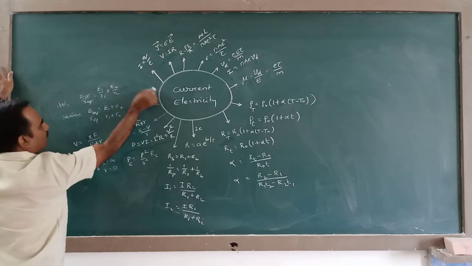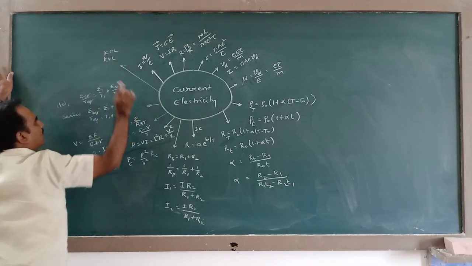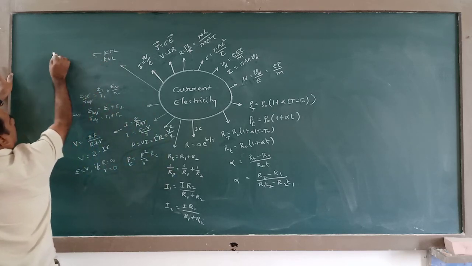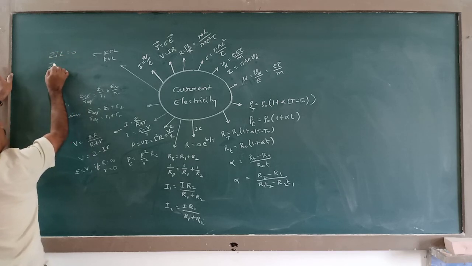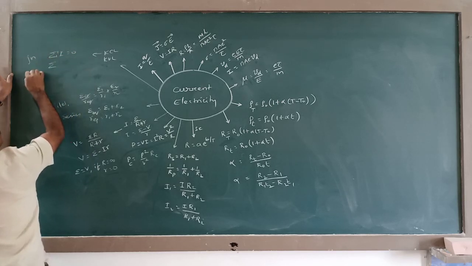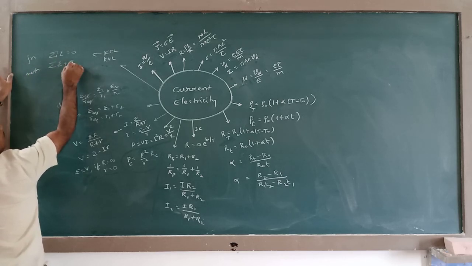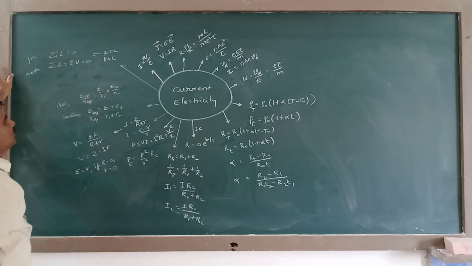After this, you studied Kirchhoff's current law and Kirchhoff's voltage law. That is, the algebraic sum of currents is equal to 0 at a junction, and in a mesh the algebraic sum of EMFs and potential differences is equal to 0.